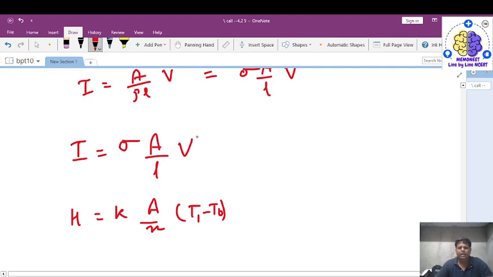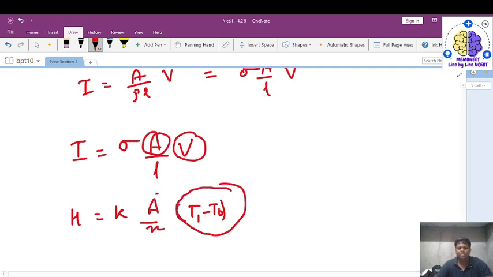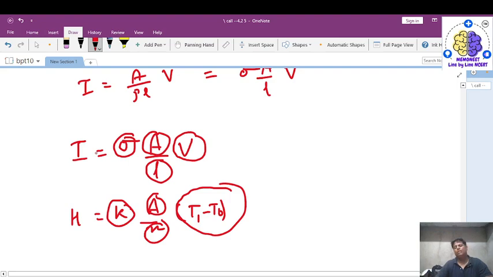Here we have potential difference, here we have temperature difference. Here we have area of cross section, here also area of cross section. Here we have length of the conductor, here also length of the conductor. Here we have electrical conductivity, here we have thermal conductivity. So both the equations are analogous to each other.